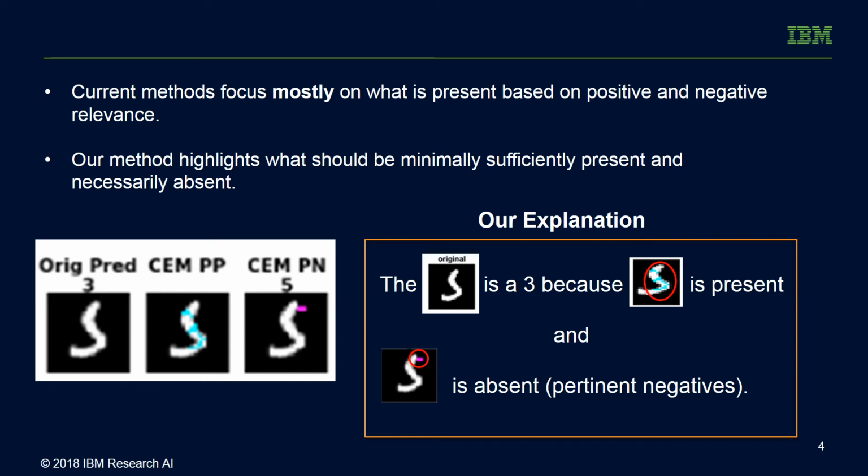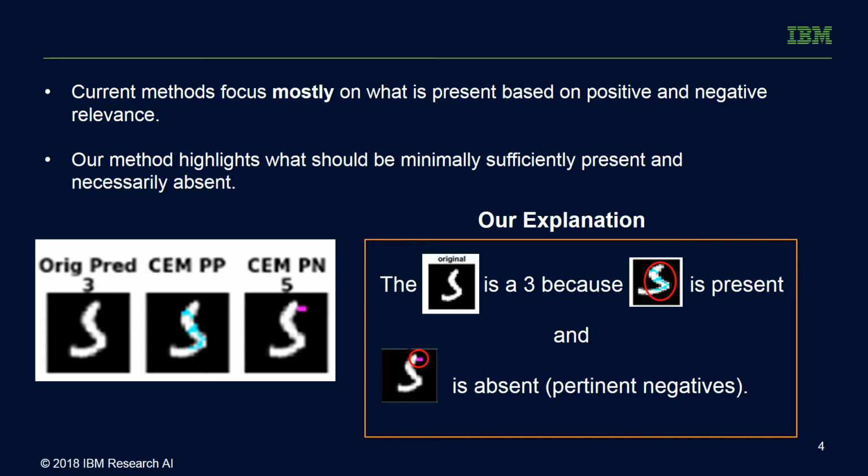So for example, if you look at these three images on the bottom left, the original image, which is on the far left, which is just white, was predicted as a 3 by a neural network. Now the next two images are our explanations. So in the middle image, what we see is the cyan pixels are highlighted by our method saying that this is what the neural network is using to classify this image.